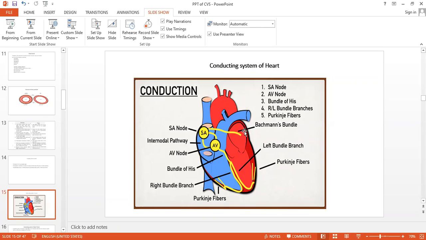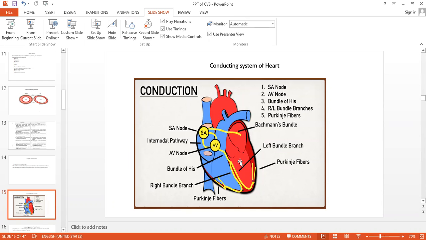Both the auricles get contracted through the action potential of the SA node. And when both the auricles contract, what happens? The deoxygenated blood comes into the right ventricle. The right auricle contracts, it comes into the right ventricle, and the left auricle, which contains the oxygenated blood, comes into the left ventricle.